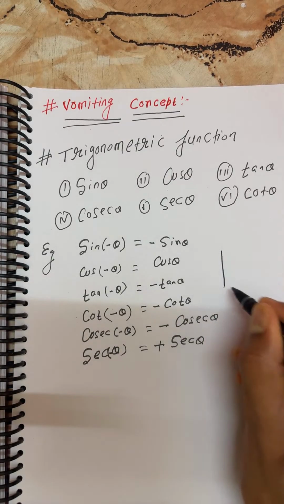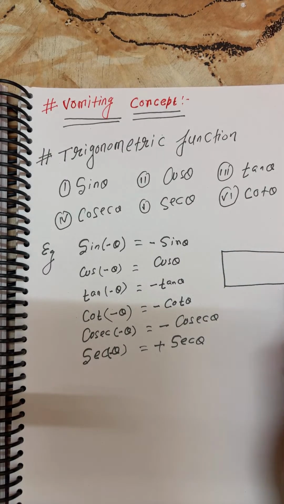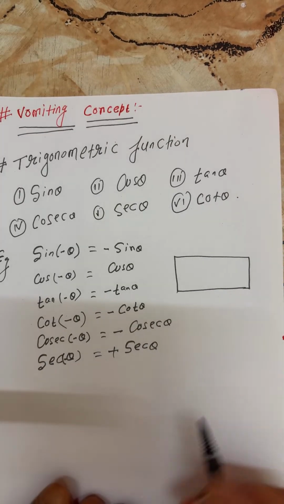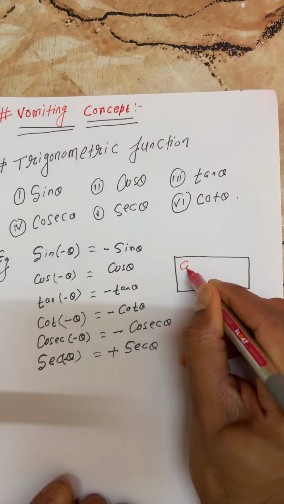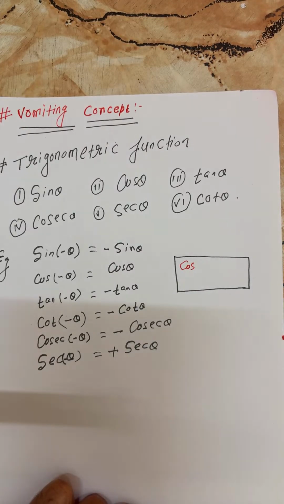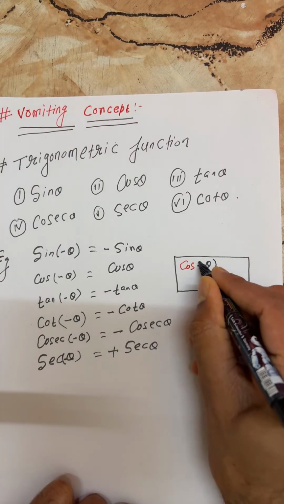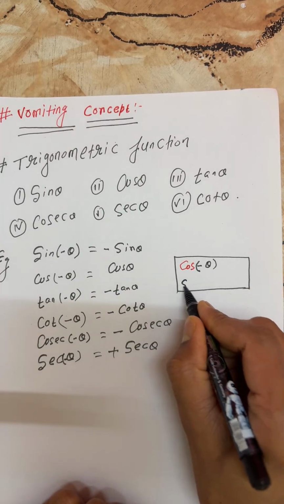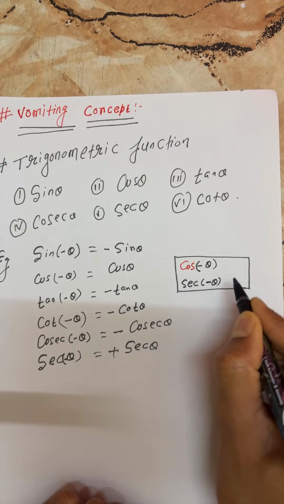Among the six, in this box there are two functions, cos and secant, and they will not do vomiting.